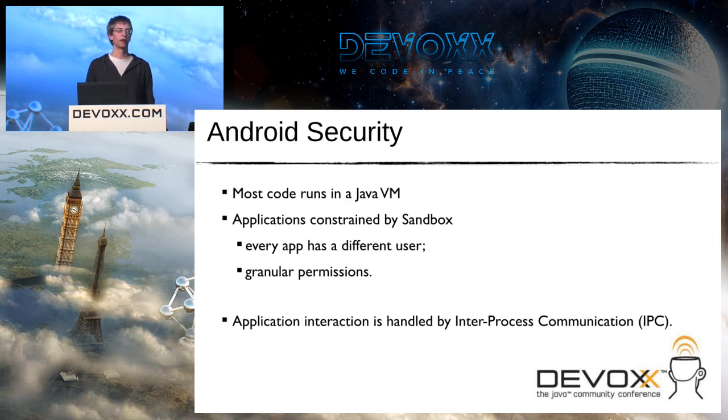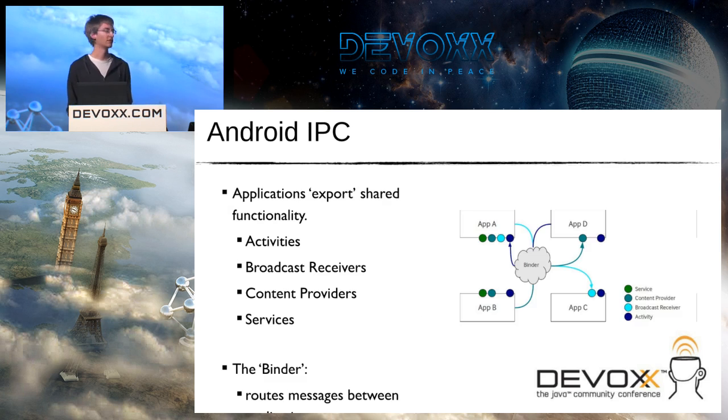Whenever you want to interact with another application, you have to go through the central IPC mechanism on the Android device. And hopefully you've all written Android applications, so you know how this works. We won't spend too much time on it. But for the few of you who haven't, this is how applications interact with each other on Android.